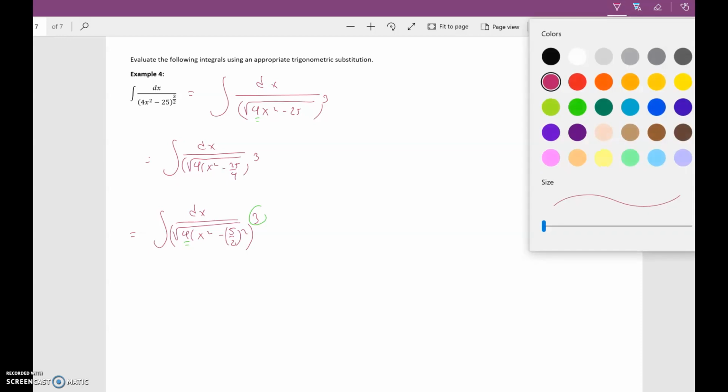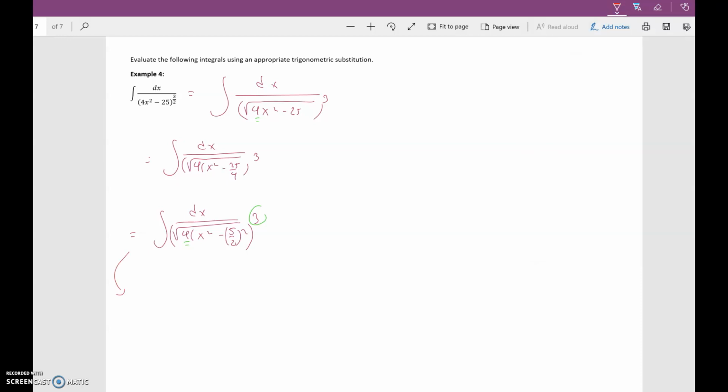So this is equal to the integral. And let me write it as 2 to the third, square root of x squared minus 5/2 to the second, over dx.